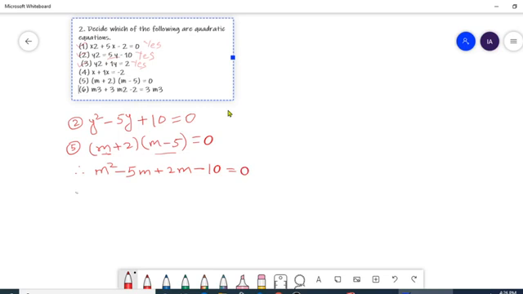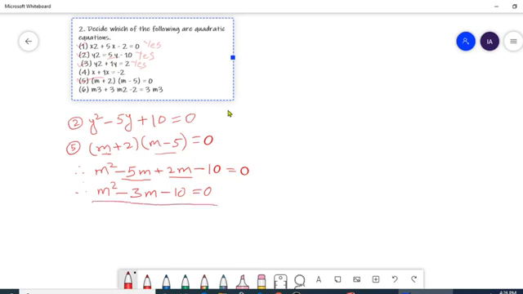So therefore m square, this is negative 5m and positive 2m. So minus plus, but we will take the sign of the greater number, and I think 5m is greater, so here I'll take minus. 5 minus 2 is 3m minus 10. So when you simplify this equation number 5, it will look like this.